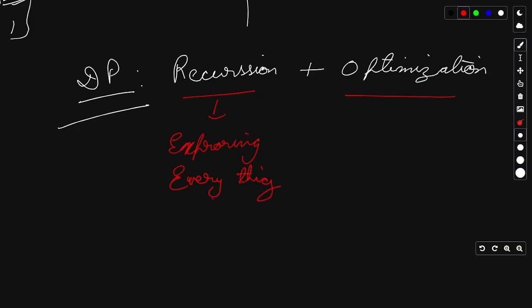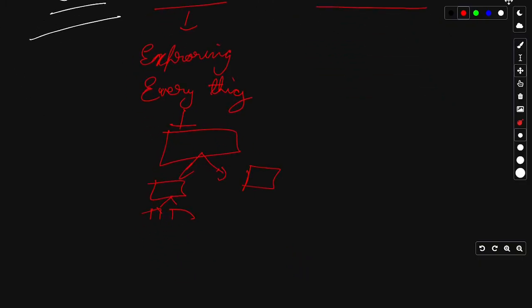We will be essentially breaking down a bigger chunk of the problem into smaller sub problems, and then we will be solving it. This is what recursion is essentially, right? We keep dividing the sub problem until we reach a base case.